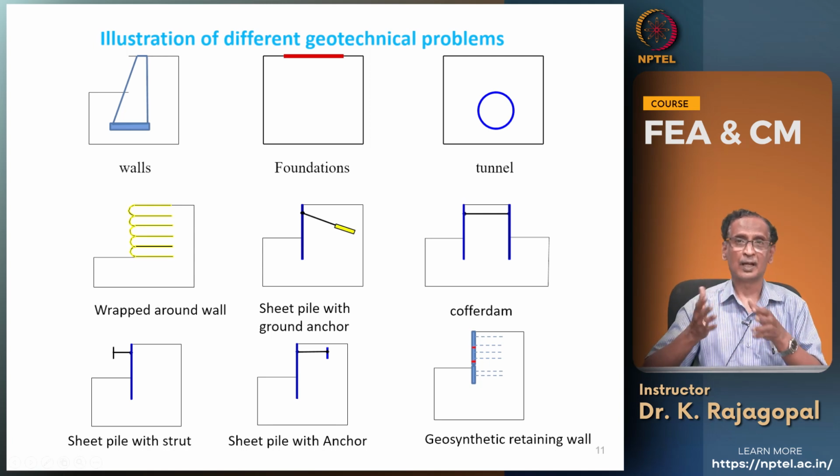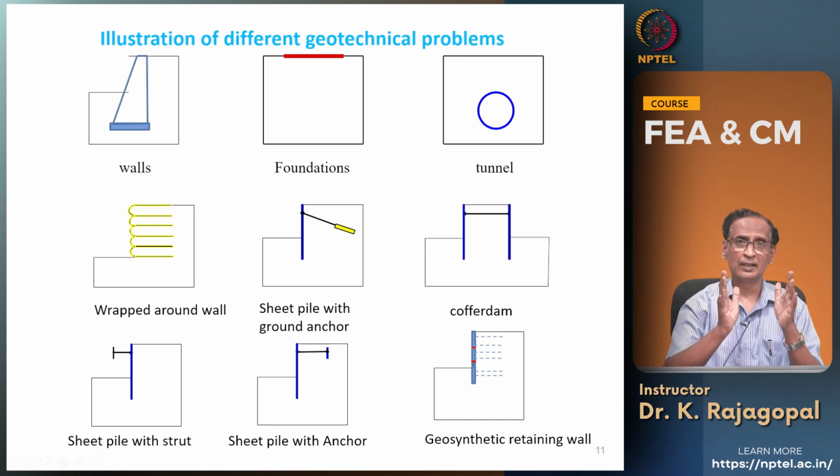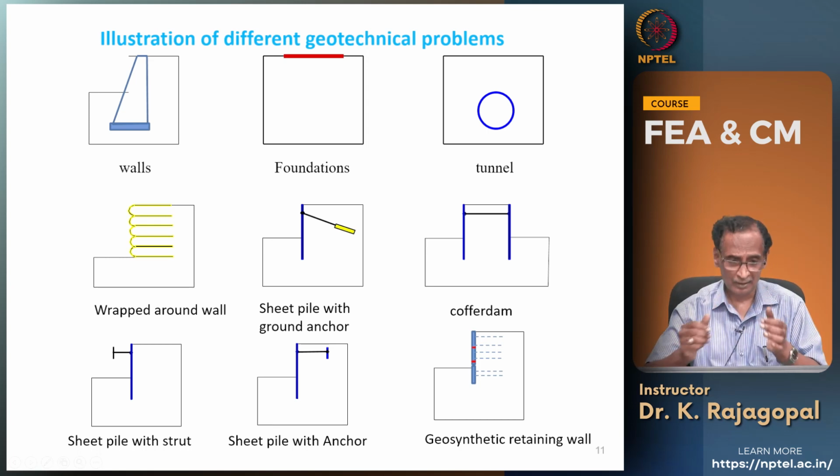This could be either a gravity wall or a cantilever wall, and we may have a foundation problem, or we could have a tunnel, or we may have a retaining wall built with geosynthetics by wrapping around, or we may have a deep excavation supported by a sheet pile wall with a ground anchor, or we may have a coffer dam and a sheet pile wall with a strut. Especially if we are doing any narrow excavations, the strut is something that we come across.